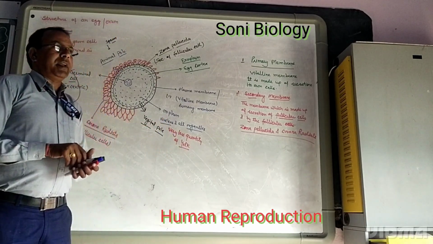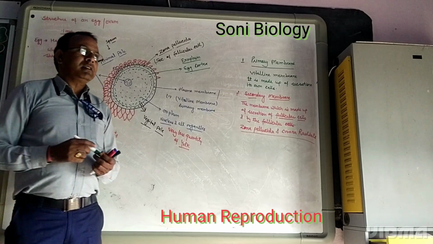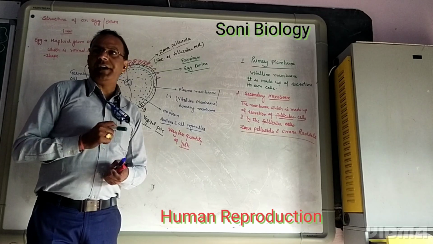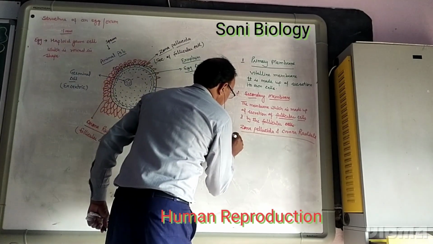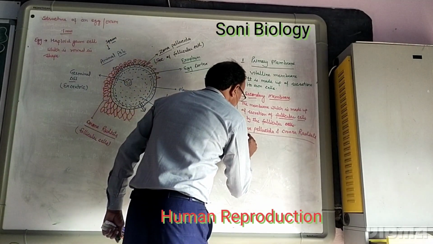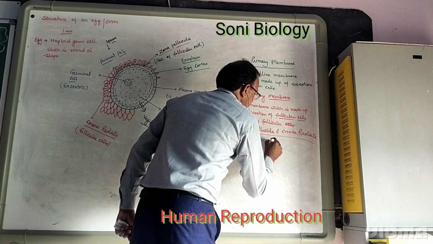After the secondary membrane, another protective layer is produced by the secretion of glands in the oviduct or fallopian tube, and this membrane is called the tertiary membrane.